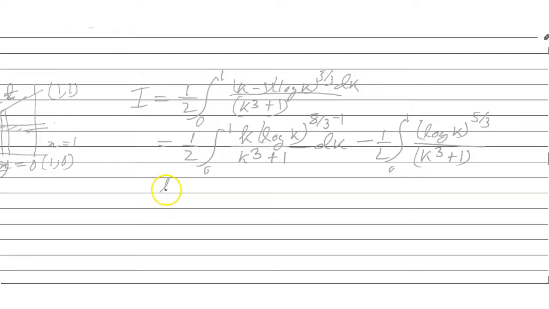Let log k equals e to the power t, log k is equal to t, that implies k equals e to the power t. So dk equals e to the power t into dt.